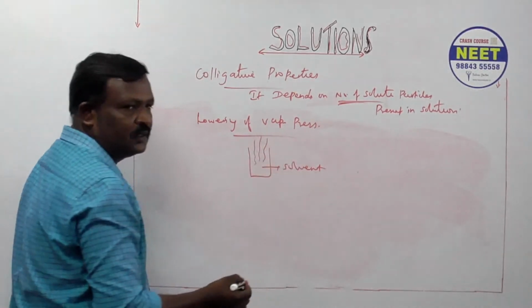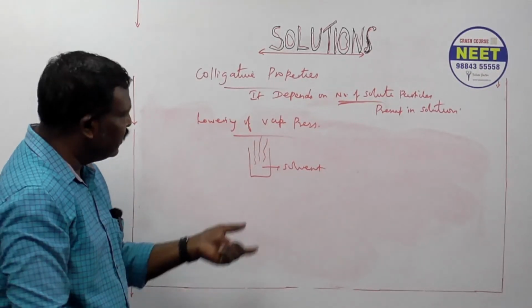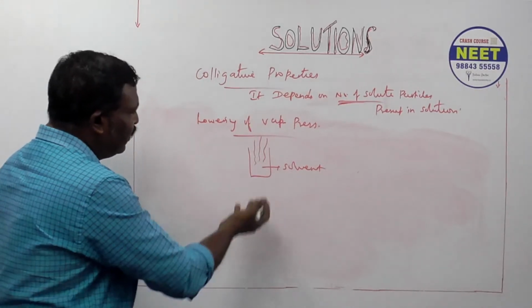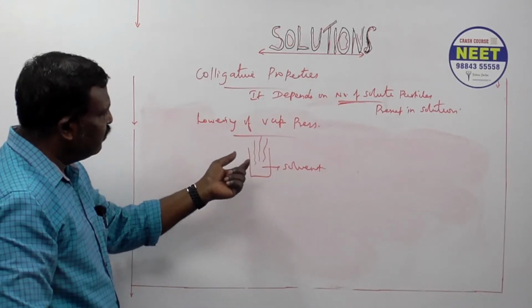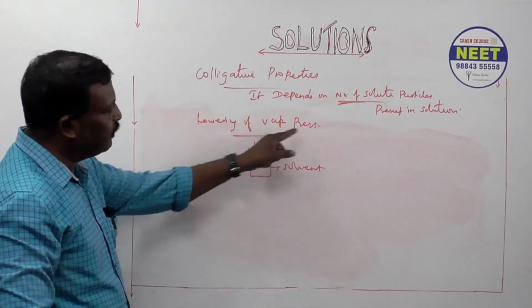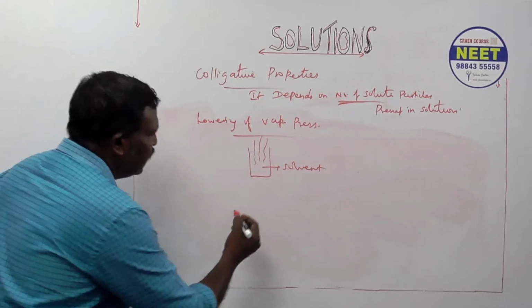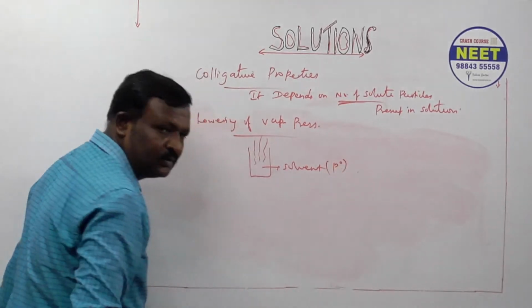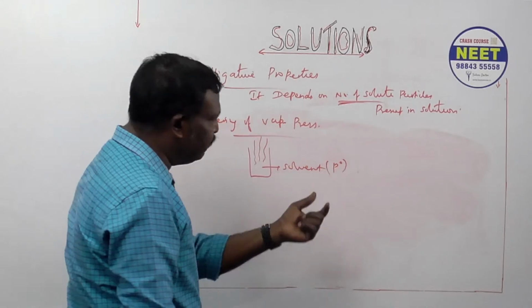When you heat only the solvent, with no solute, more vapors are coming, and that produces pressure. The pressure produced by the vapor is called vapor pressure. For only solvent, it is called P naught. Understood?